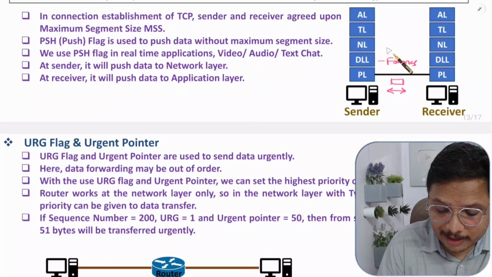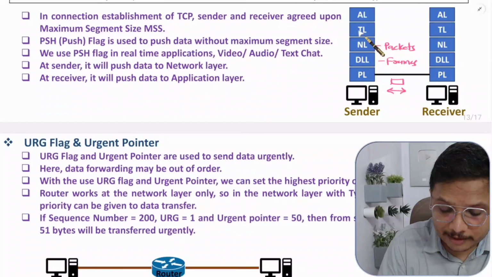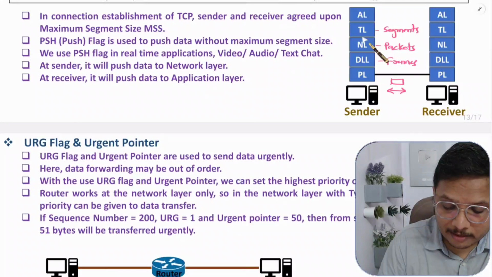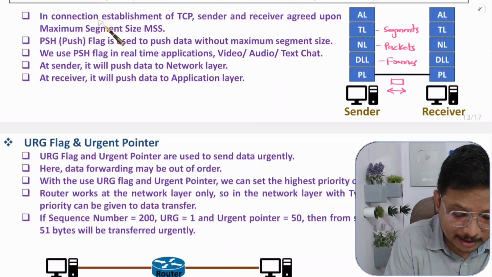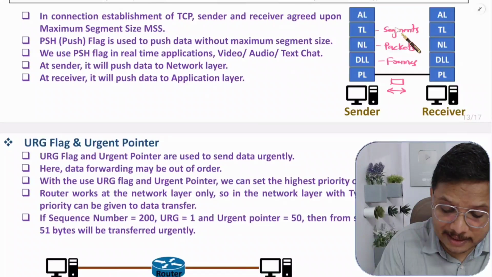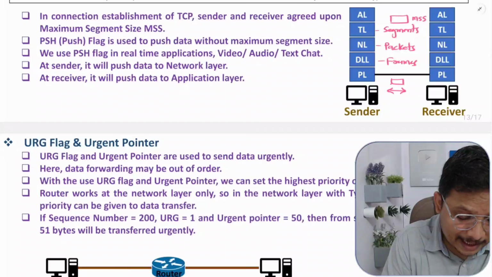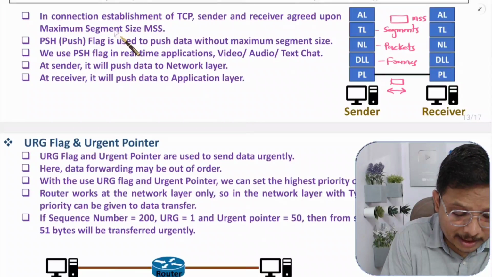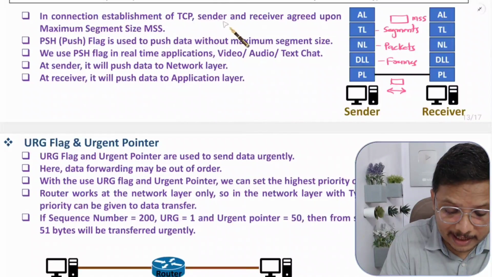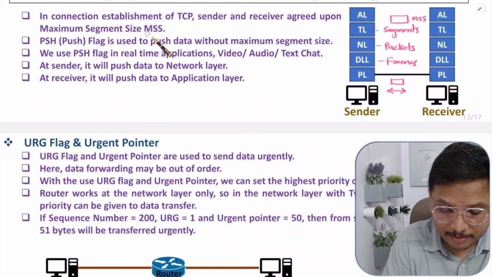Here network layer that generates packets over here, and transport layer that generates segments over here, right. So here in connection establishment, maximum segment size MSS that is getting defined in connection establishment. So sender and receiver both have agreed upon MSS.